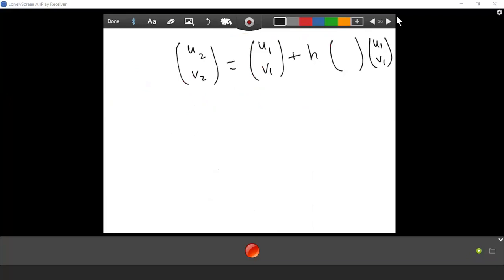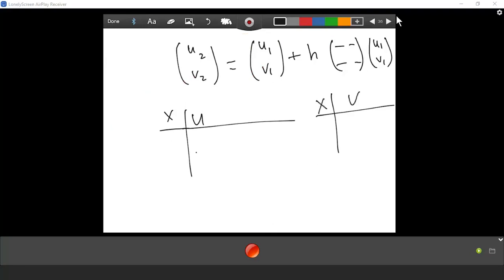To go for U3, you use the previous one, and you end up finding the solution for U and V, so you can graph both of these two variables.